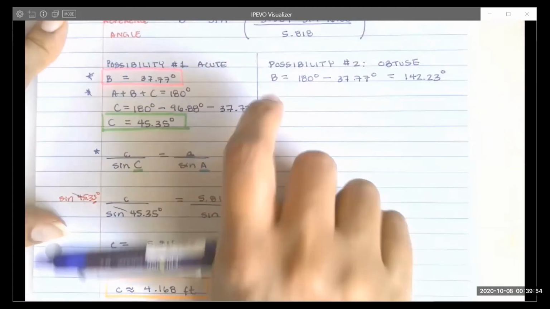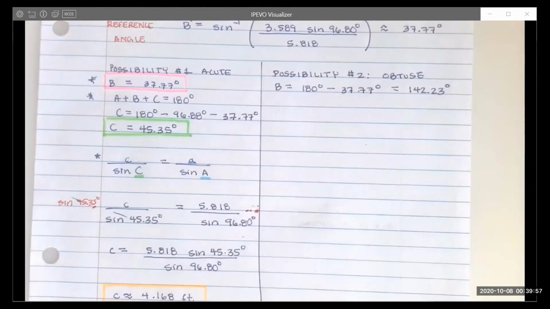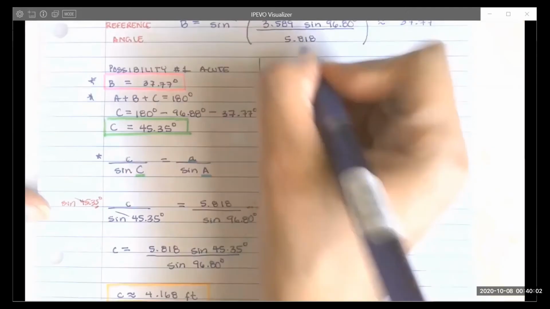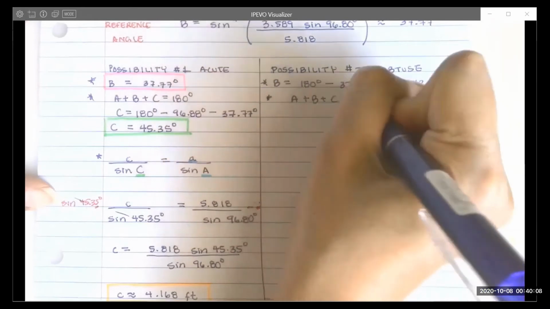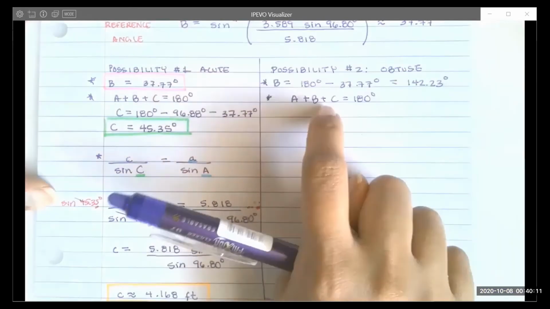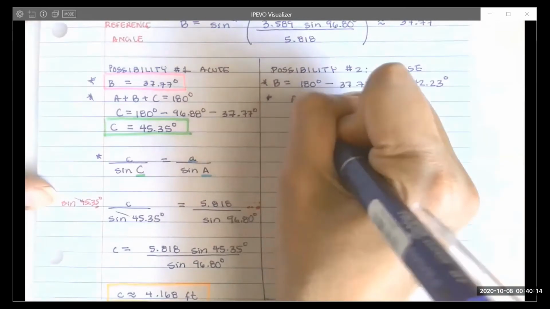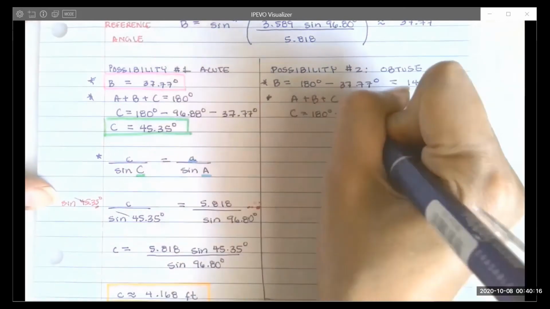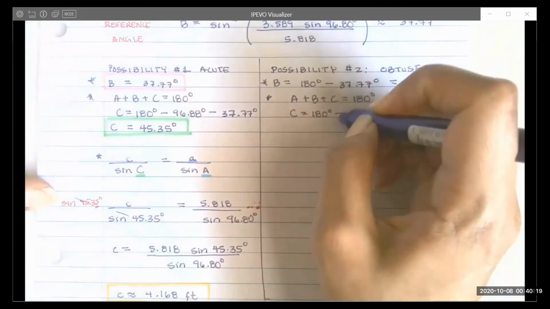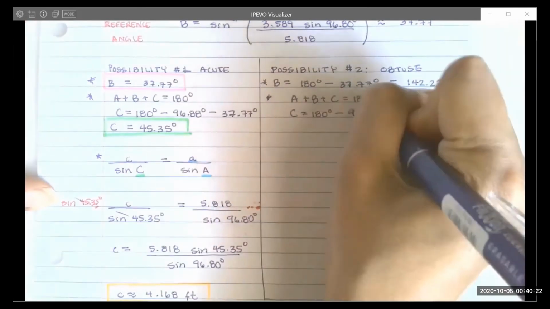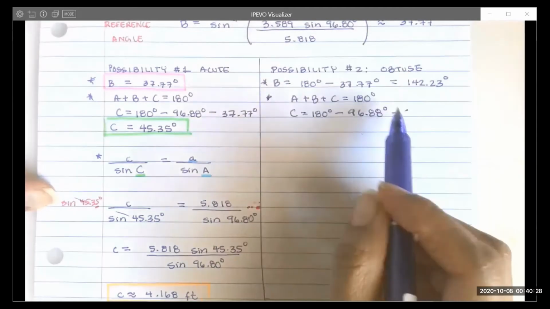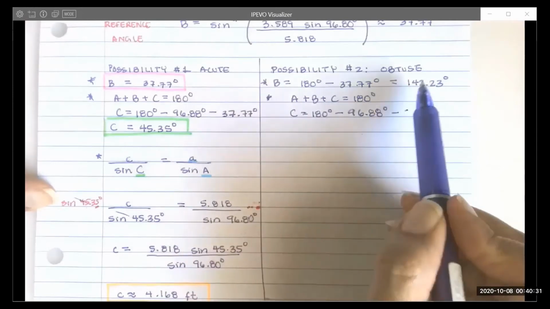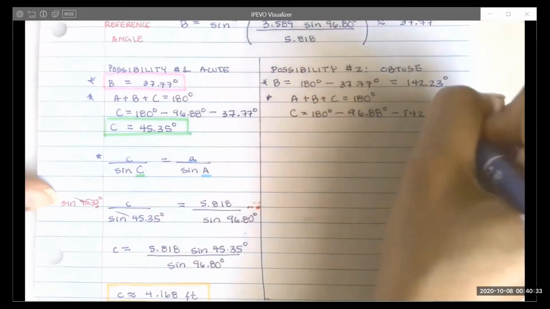Okay, so here we've already found B, right? We found B. I won't box it yet because we need to make sure that the obtuse really exists. So that is going to be determined when we take A plus B plus C is 180 and we try to solve for angle C. So we're going to have C equals 180 minus angle A, which I guess I'll replace right away, that way we don't run out of space, minus angle B. Now, angle B here for this possibility is 142.23 degrees.